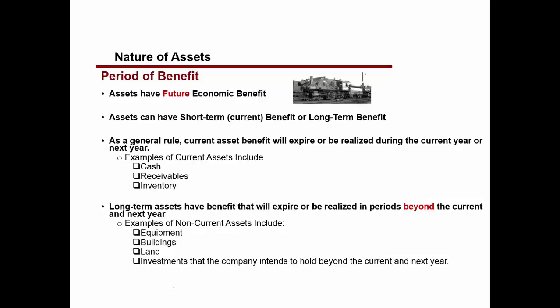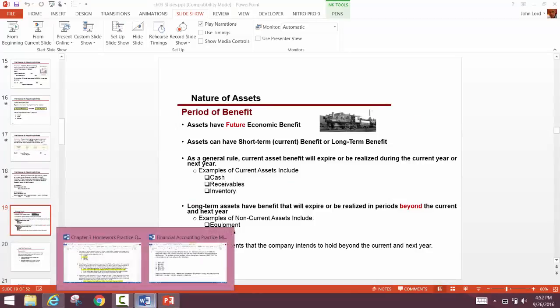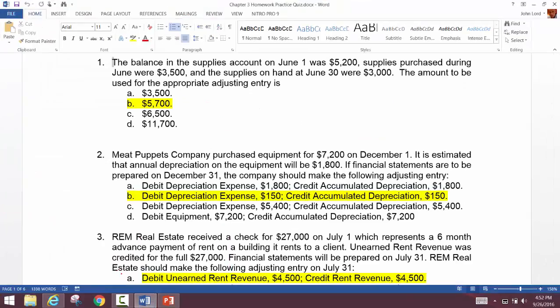So we're kind of done with depreciation. Any questions about any of those things from chapter 3? Okay, good. So what we're going to do is go over and look at chapter 3's quiz.